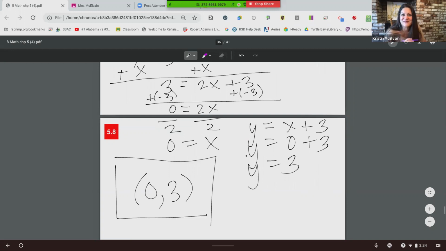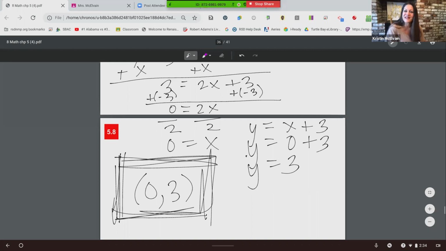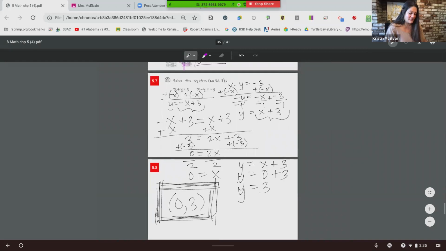Did you already write boxes around those? That's fine, you can leave them. All right, this is just the ultimate answer right here. And that's the solution to those two equations, or a system is what it's called, a system of equations. All right, so pretty easy peasy work for today.